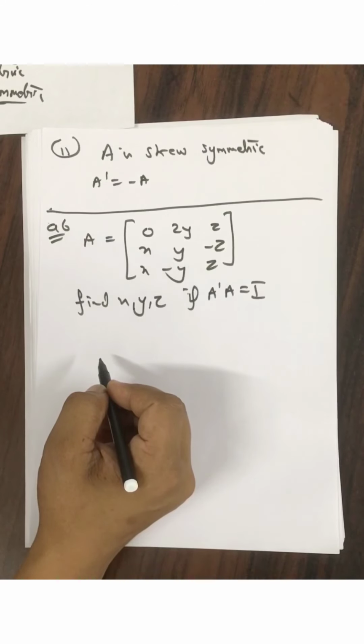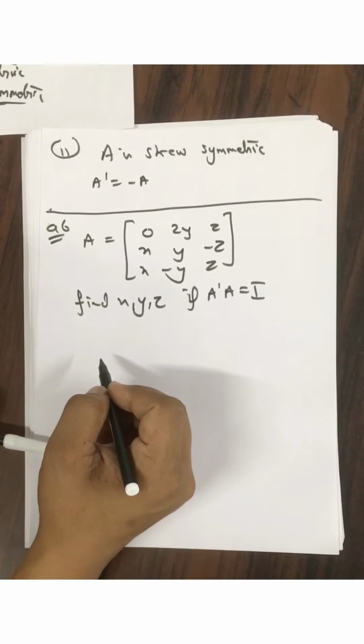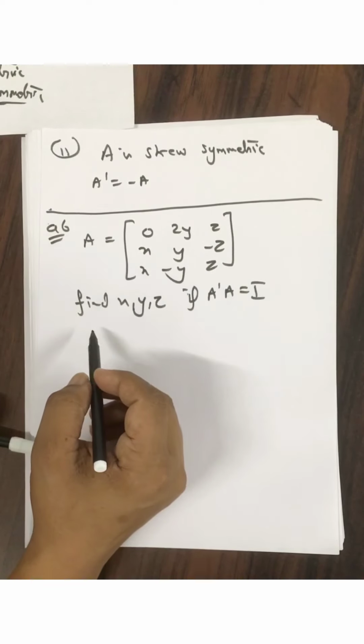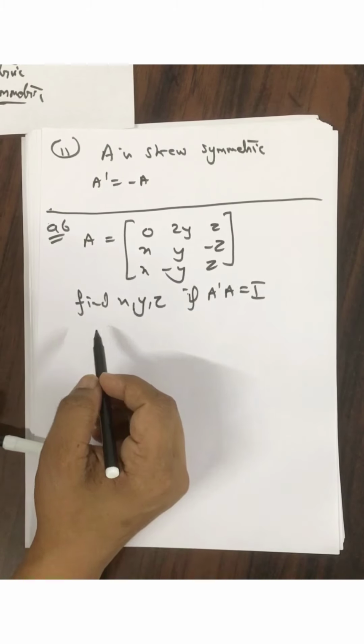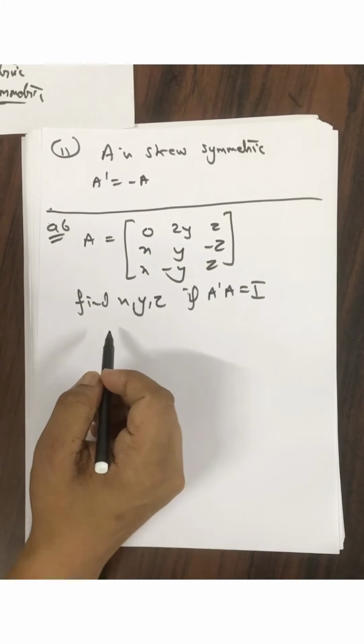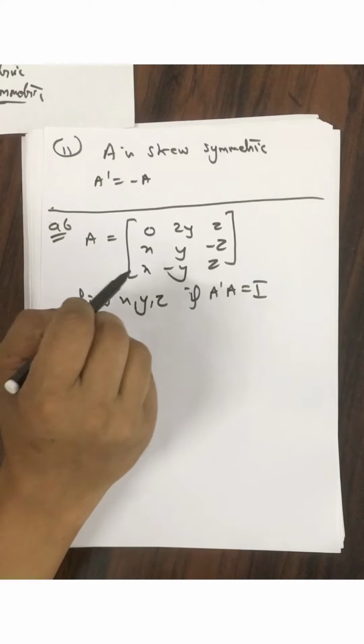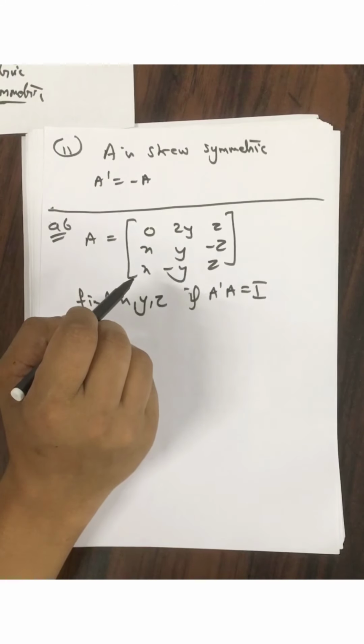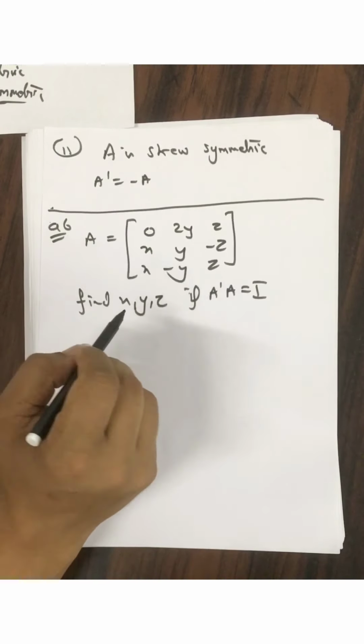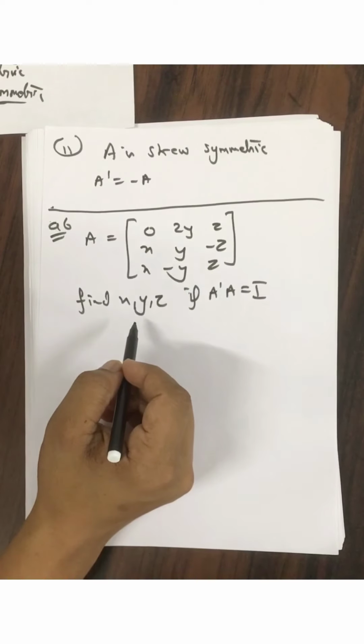A dash A equals I. Now, how do we find out? Can we change into some system? Let's change into a system.